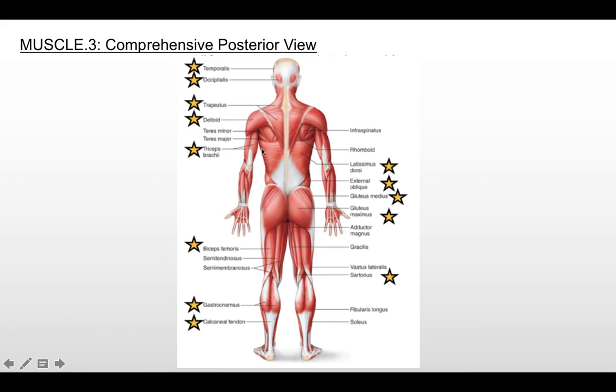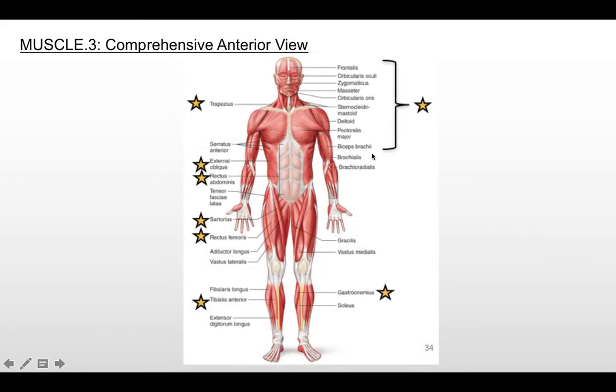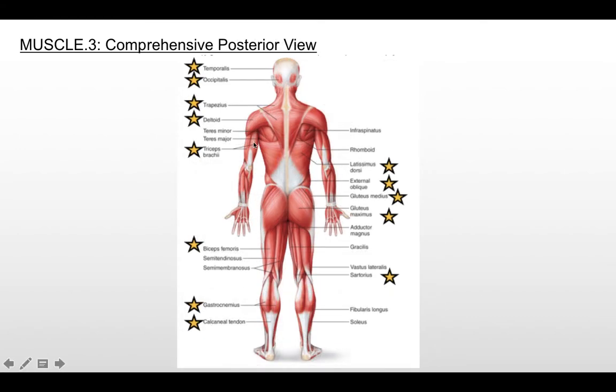On your arms, we have triceps. Did we cover biceps on this side? Oh, it was included in here. So on our arms on the anterior side, we have our biceps, because it's a two-part muscle, biceps brachii. On the back, we have a three-part muscle called our triceps brachii. We had our latissimus dorsi in the back, our external oblique, our two gluteus, the medius and the maximus.